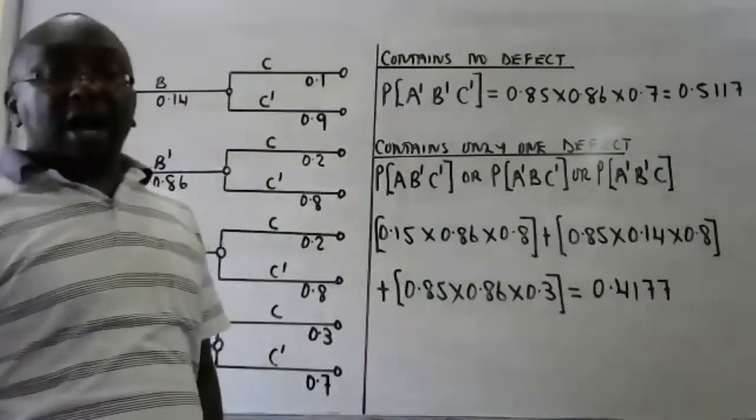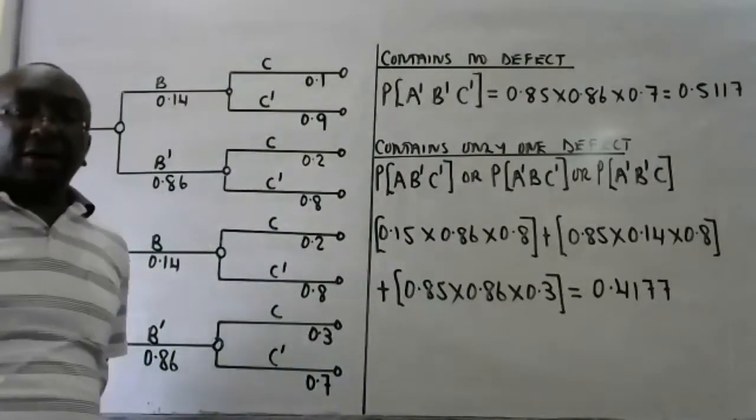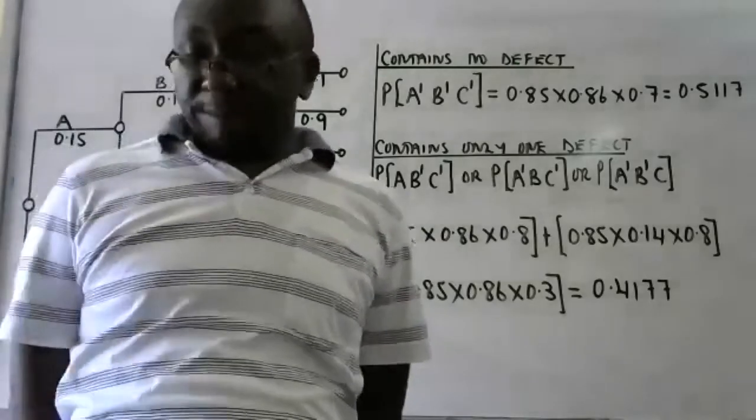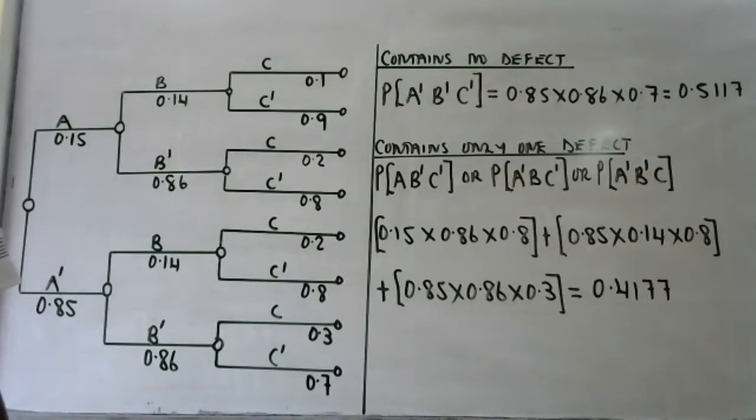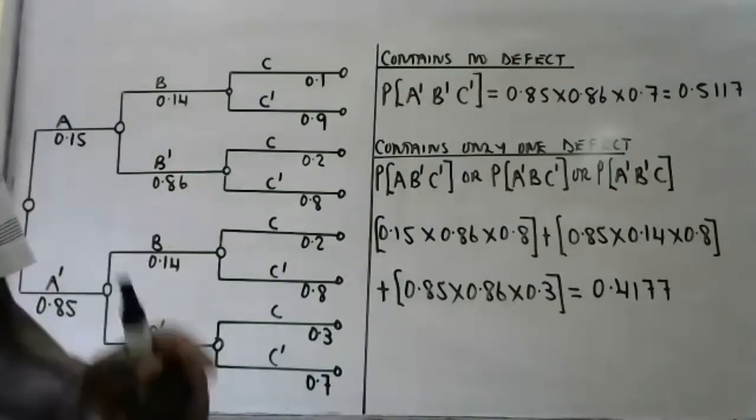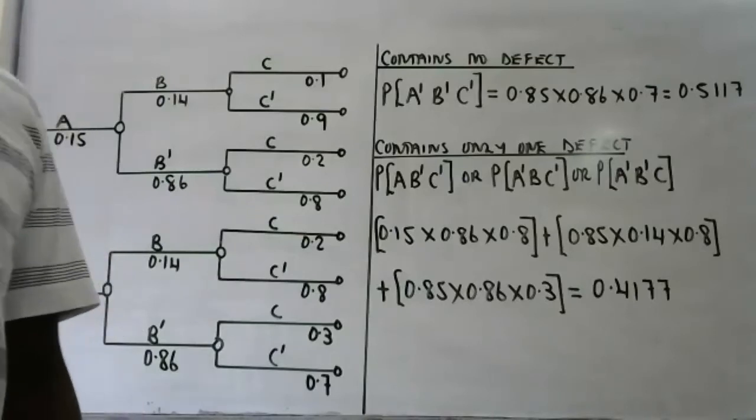So that is how you handle a probability tree. Are we okay now at that point? Yes. Good. So I can do one more.